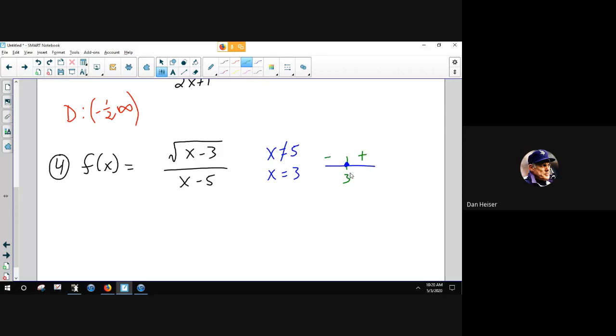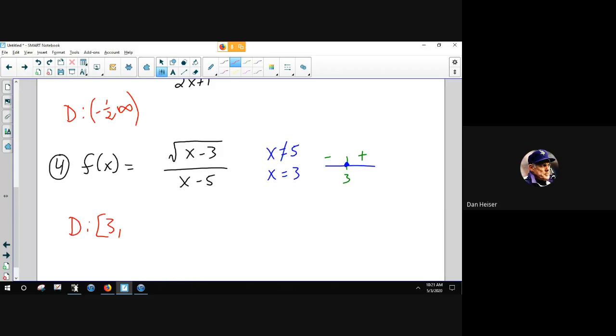But hold on, 5 lives over here. x cannot equal 5. So we have to be careful with our domain. Square root part starts at 3. 3 is okay. 3 also works in the denominator.